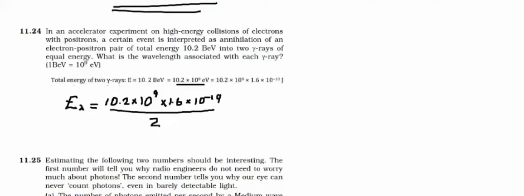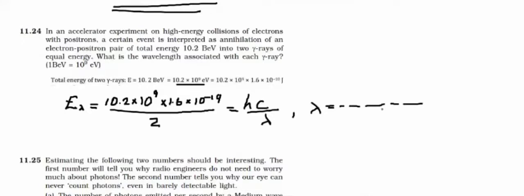What is the reason we need to divide by 2? Because we have two gamma rays. The total energy is supposed to be distributed equally between both the gamma rays. So that is equal to hc by lambda. Now lambda you can calculate.